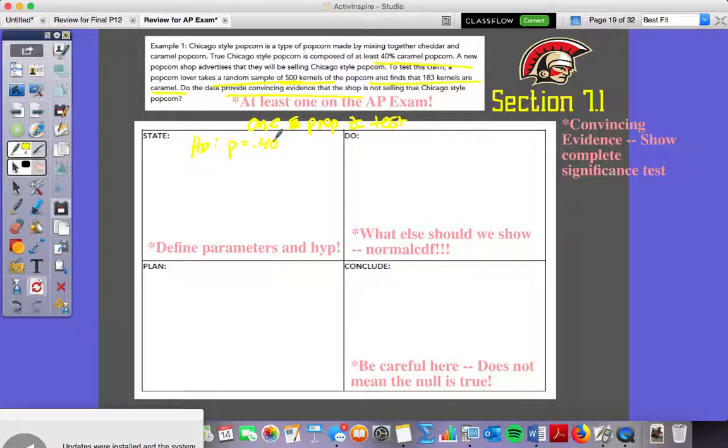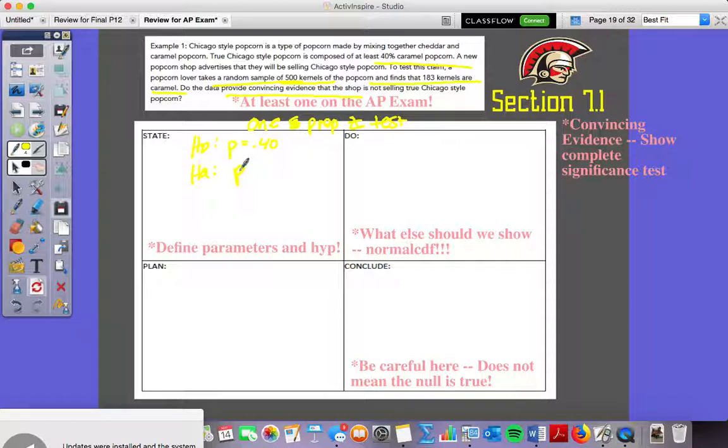Now, what did you say? 0.25? Where'd you get 25 from? Okay, so we know that P is equal to 0.4. The alternative says that P is not equal. They're not selling true Chicago style. P hat is 0.36, so I can see less than based off the P hat value.